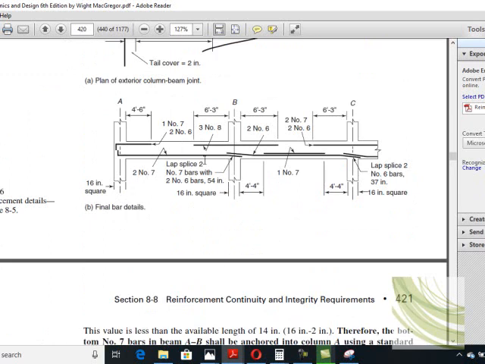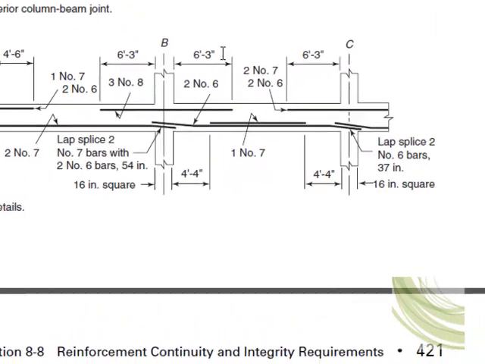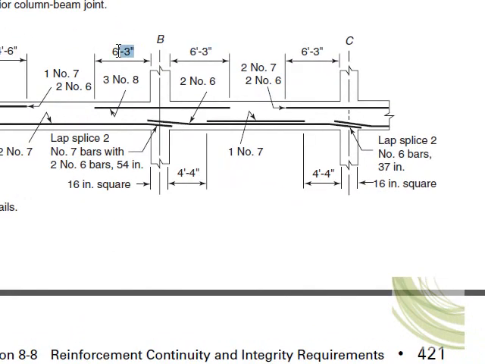Clear? You see that we provide two lap splices. 1 bar is cut off at the mid portion at a distance of 4 feet 4 inches from this side and 4 feet 4 inches from this side. We did the calculation for this side and the same 6 feet 3 inches is provided there and there. Then we don't need any cutoff point because there are minimum 2 bars, and the ACI minimum criterion is that you need to continue minimum 2 bars to either side.